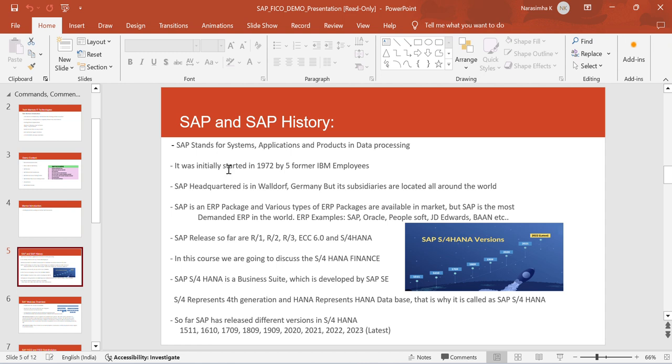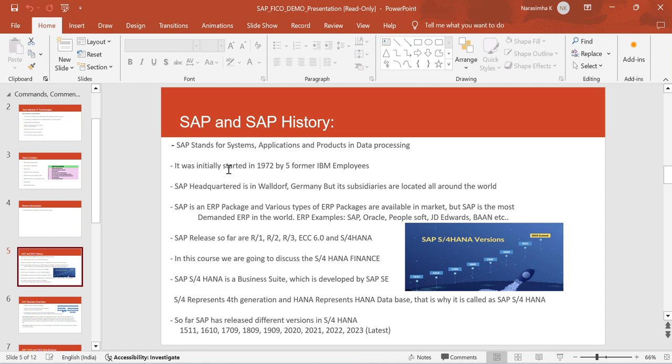SAP headquarters is in Germany, but SAP's subsidiary companies are located around the world. In India, in Bangalore, SAP Labs is one of the subsidiary companies of SAP.